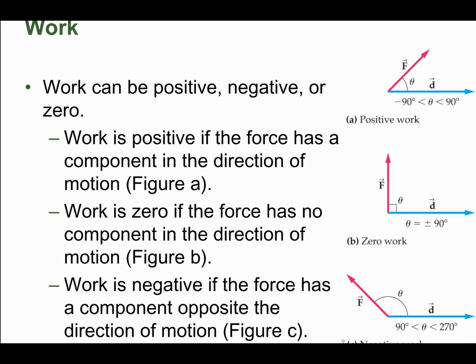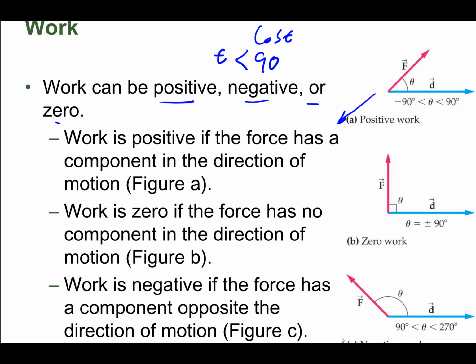As you see, the work can be positive depending on the angle, or negative, or zero. Here in the first case, because theta is less than 90 and larger than 0, cosine theta is positive.